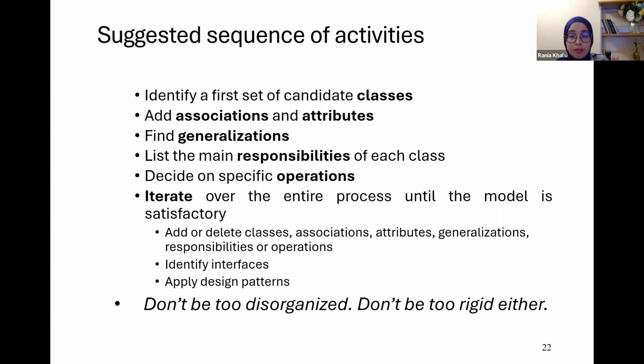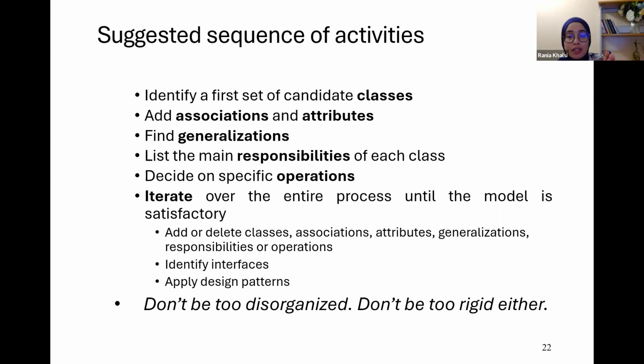For example, during the exam or your proposal or assignments, make sure that you use pen and paper to practice several times and iterate multiple times until you get your final class diagram. Once it's final, we can use online tools like StarUML, or Visual Paradigm Online, or whatever tool you would like to use to finalize the classes.